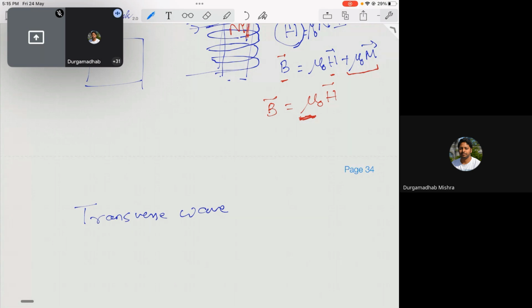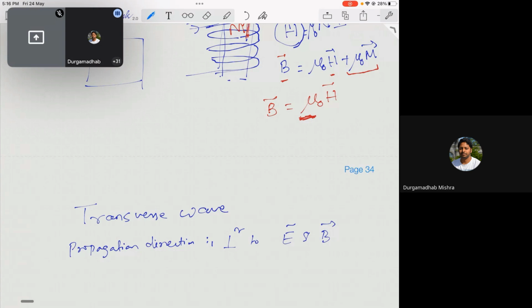So your propagation direction is perpendicular to your electric field and B field both. And also the electric field and B field are mutually perpendicular to each other. This is the interesting aspect of the electromagnetic field.